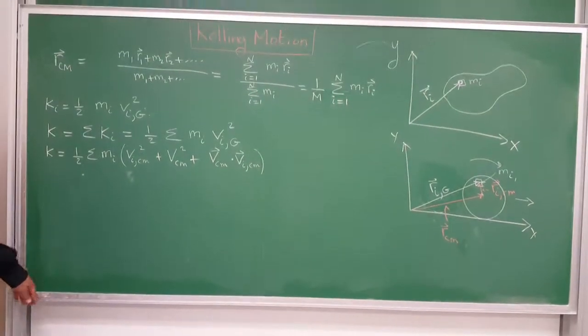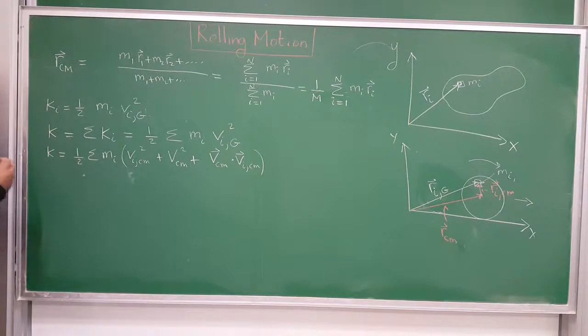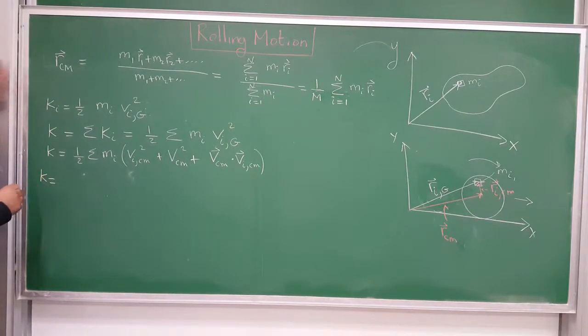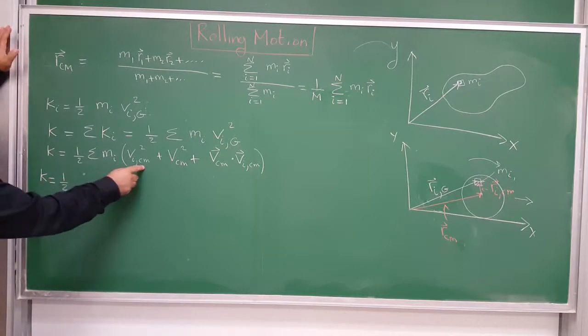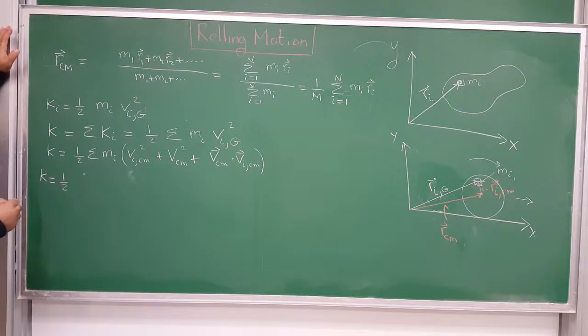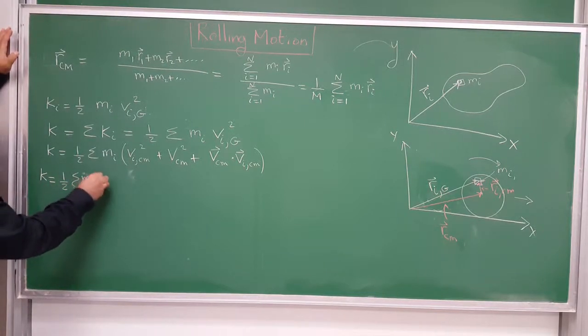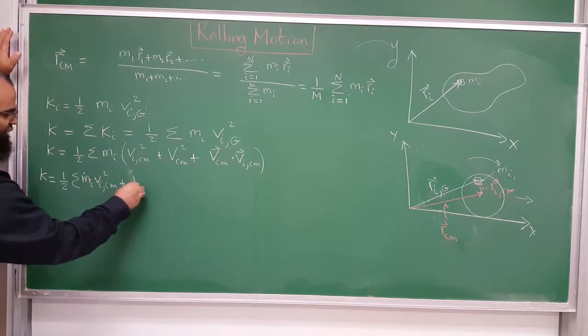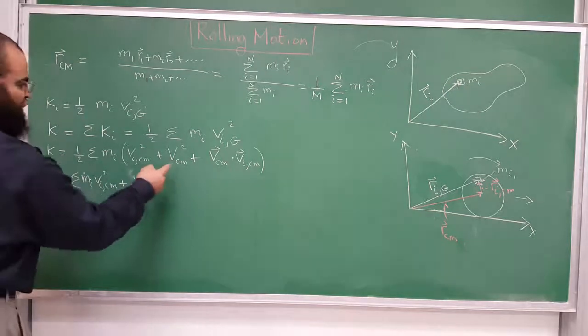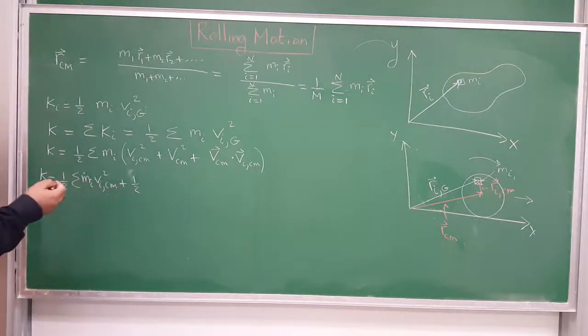Next, what should I do? Well, we have to expand this a little bit. So the total kinetic energy would be 1/2 sum over mi Vi relative to the center of mass squared, plus 1/2 V center of mass squared. The velocity of the center of mass is constant.